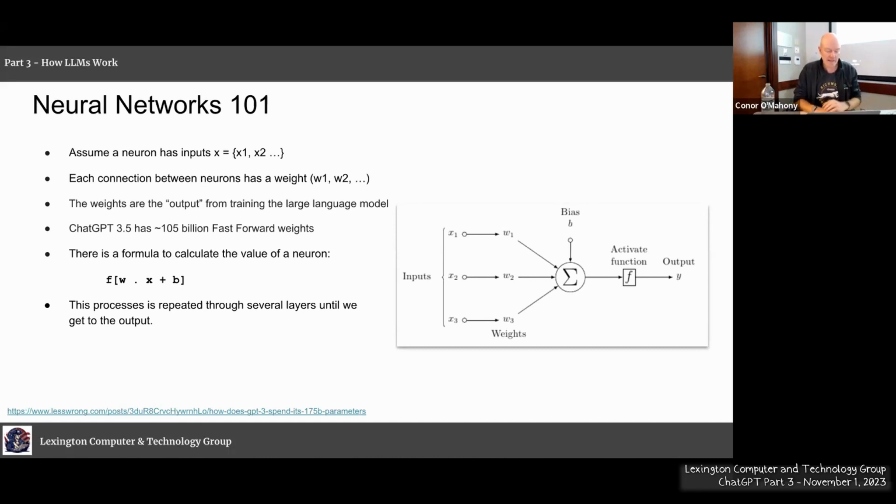I include a link here where somebody has done a really good analysis of the math around these feed forward neural nets, which is where I ended up deriving that 105 billion number from.